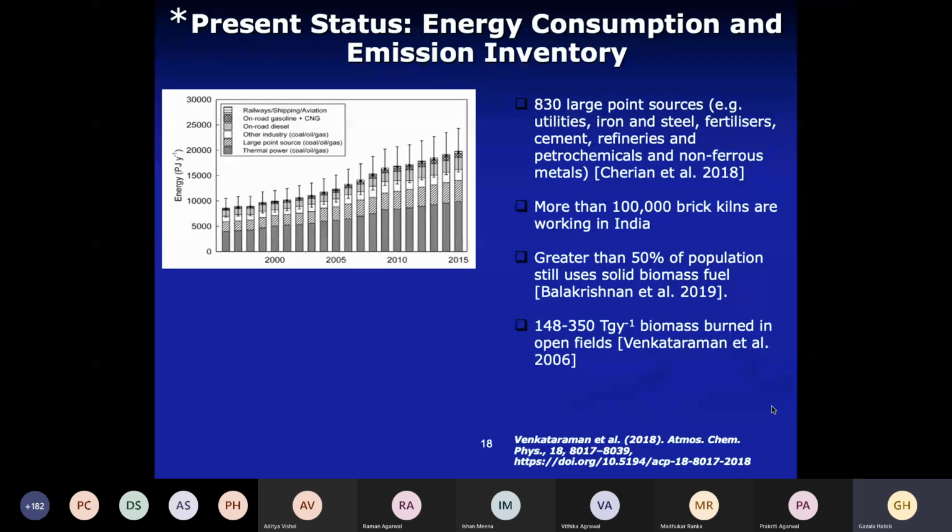And then there is HESH, which is large point sources, like power plants, etc. On-road gasoline and CNG are very low compared to diesel. Ma'am, we can't see the data you are speaking about.